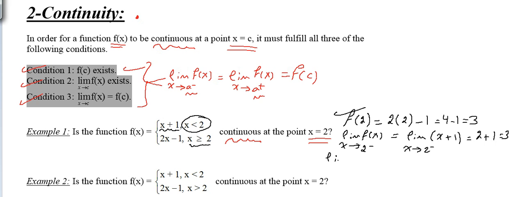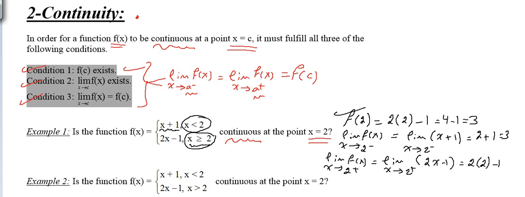And the limit of f of x as x approaches 2 from the right, at 2 plus, means x greater than 2, and here is x greater than 2. When f of x equals 2x minus 1, we substitute the value instead of x, so it equals 4 minus 1, which is also 3.